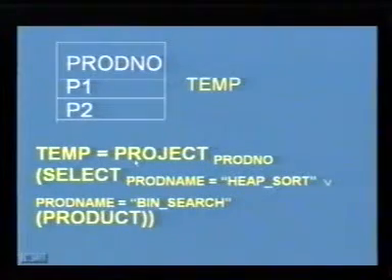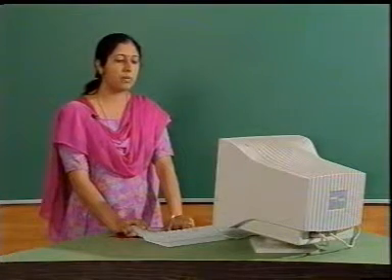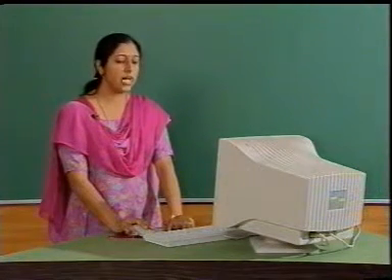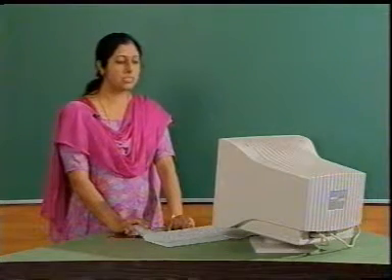And it will be obtained by using the relational algebra expression temp is equal to project product number followed by bracket select product name is equal to heap sort or product name is equal to binary search performed on the relation product. So basically we have used the OR operation to combine the two conditions that the product name can be heap sort or it can be binary search.